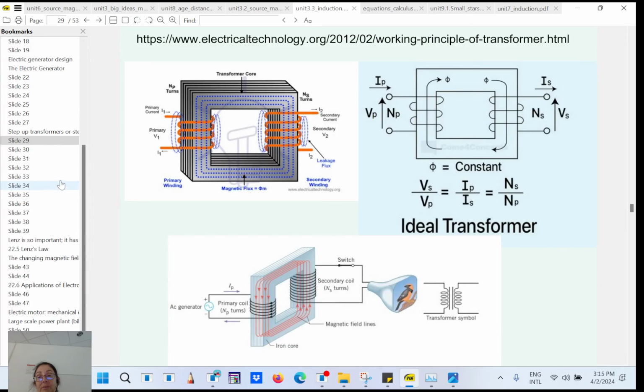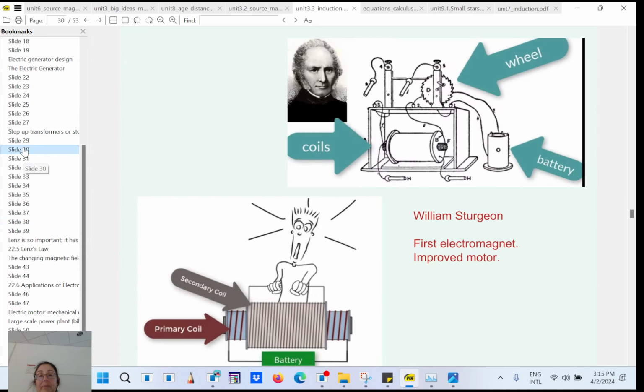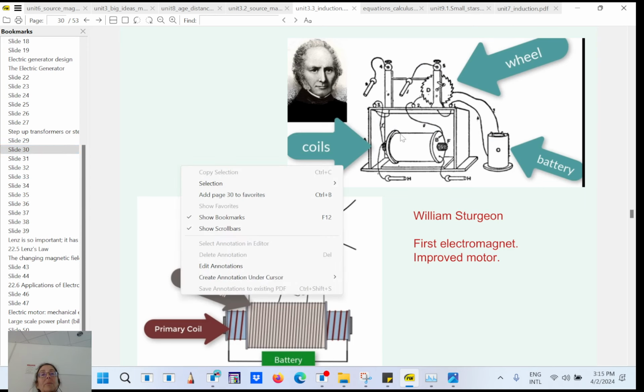Even if you're not doing physics, transformers are everywhere. At the time, in the 19th century, you always had a difference between the scientists, like Tesla or Michael Faraday, and the engineers who would improve things.